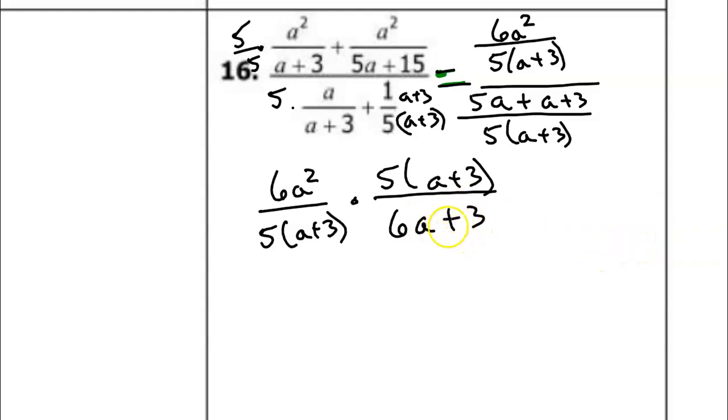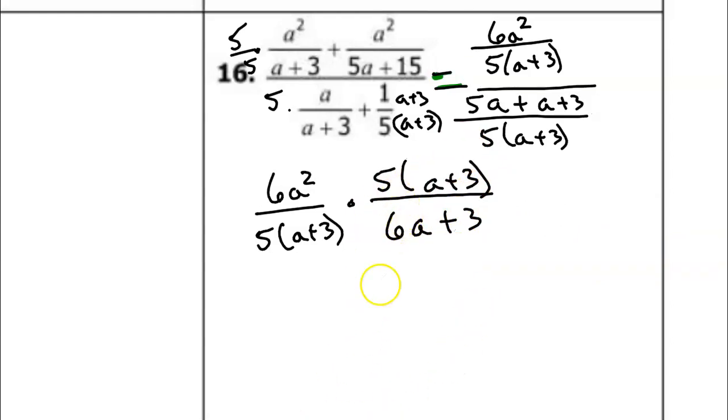Okay, I can factor out a 3 from that. We'll take care of that in a second. But let's go ahead and factor out our 3 here. If I factor out the 3 down here, I end up with 3, and that's going to be 2a plus 1.